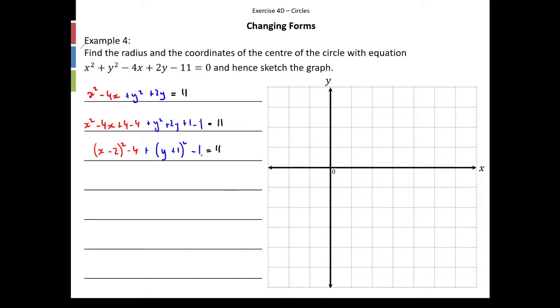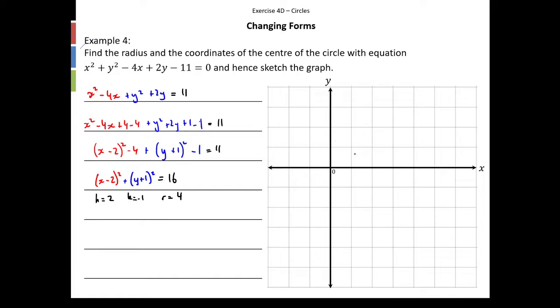Now we're going to bring the minus 4 and the minus 1 over to the other side, so we get x minus 2 all squared plus y plus 1 all squared equals 11 plus 1 is 12 plus 4 is 16. So let's write down from this our key values. We get h is equal to 2, k is equal to -1, and our radius is square root of that.